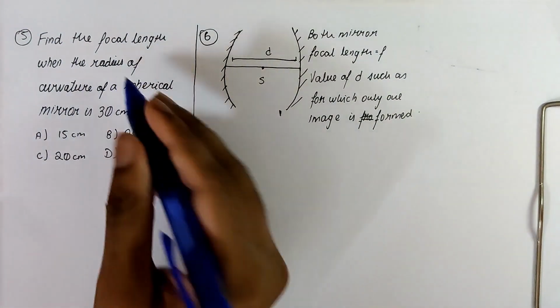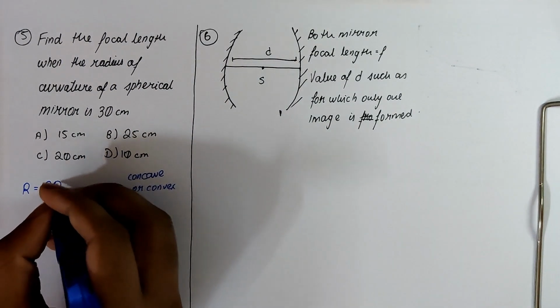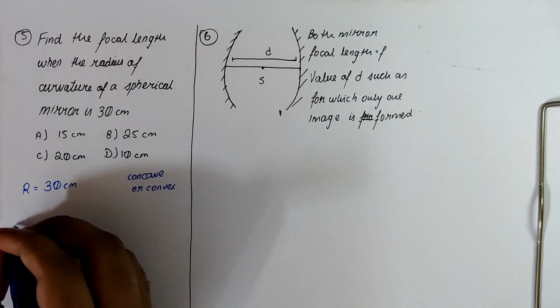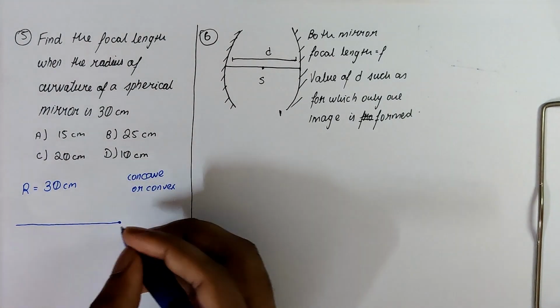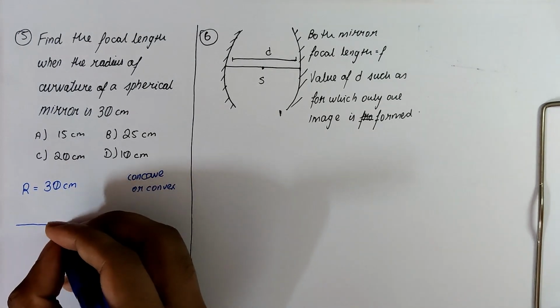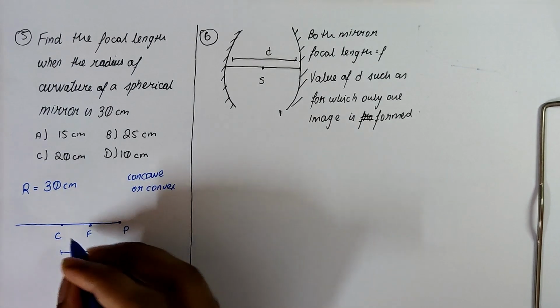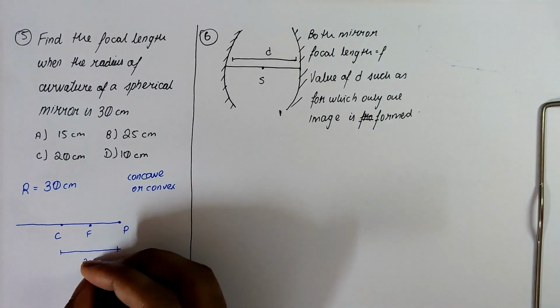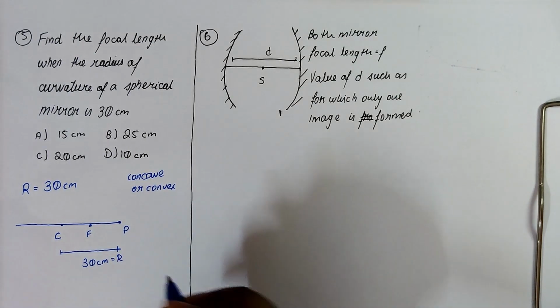We know the radius is 30 centimeters. When we draw the line of the mirror, we have the pole, the focus, and the center of curvature. We know the distance from the center of curvature to the pole is 30 centimeters, which is equal to the radius of curvature.